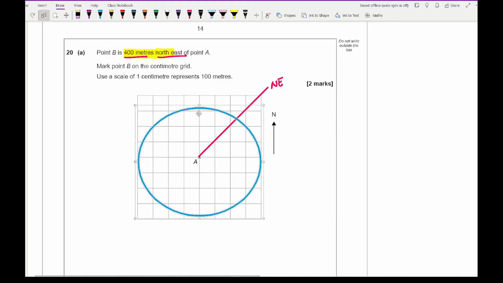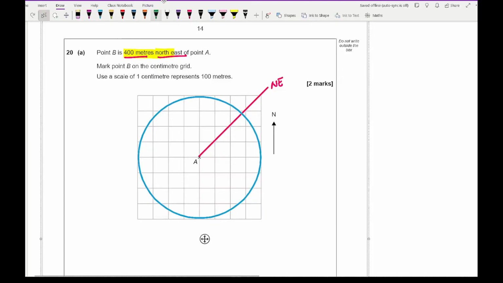So I'm going to hope that that is pretty much right. So this has got a radius of 4 centimeters on the compass, and so my point B is going to be where those two lines intersect, which is going to be here, and that's where B is going to be.